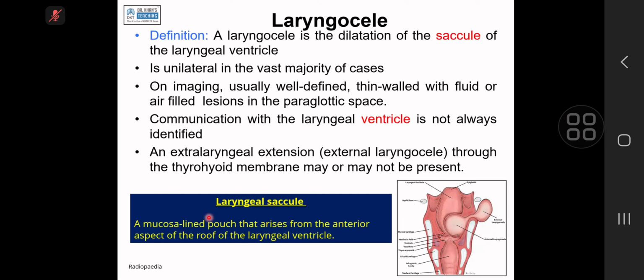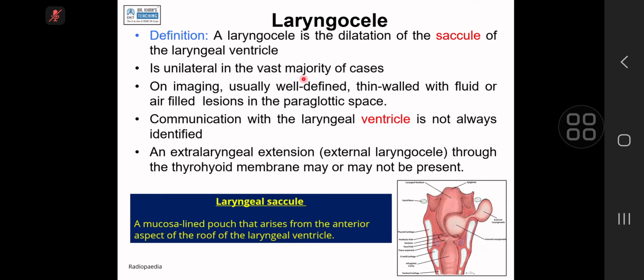When it is dilated by air, or at times by fluid, and when it becomes infected, you call it a pyolaryngocele. So that can also happen.